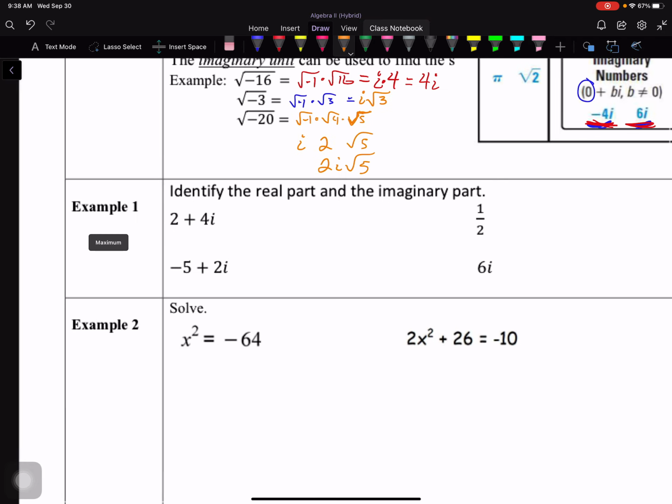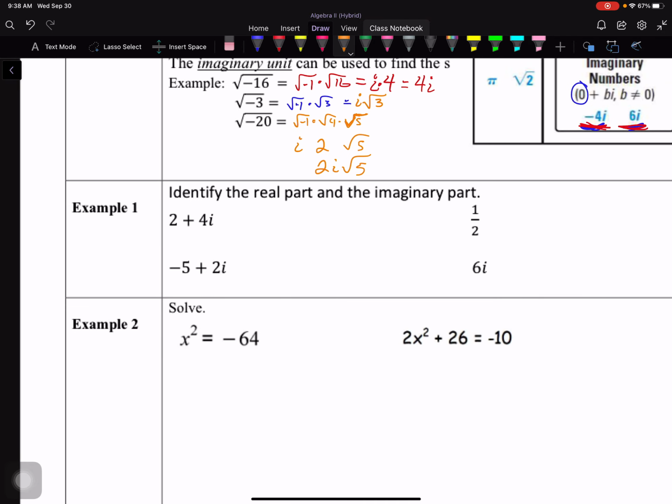So example number 1 here, identify the real and the imaginary parts. So I'll just go like this, real, imaginary. I'll just set this up real quick for all of them. All right, so the first one, the real part is 2. The imaginary part would be 4i.